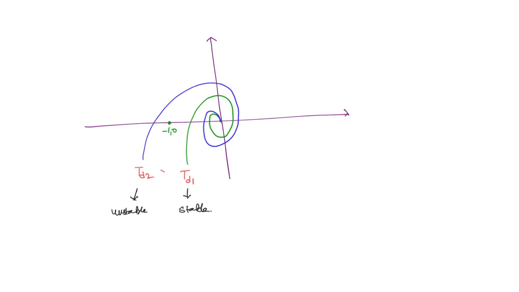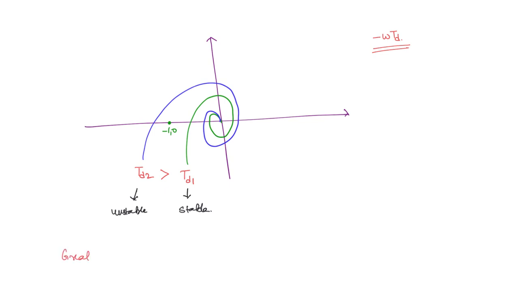TD2 will be higher than TD1, because for a system we see that minus omega TD is the phase difference when there is a time delay. Okay, as TD becomes higher, the phase shift also becomes higher. So TD2 will be greater than TD1. So what is the most important conclusion here?